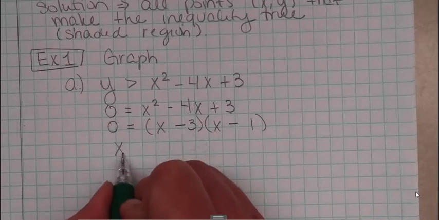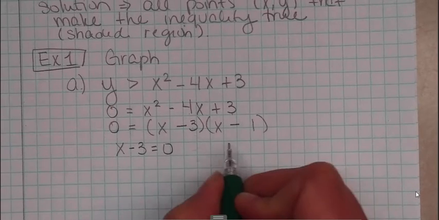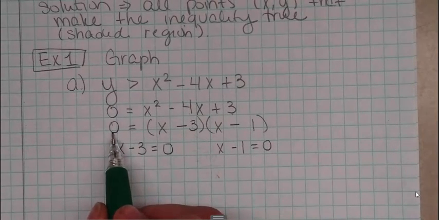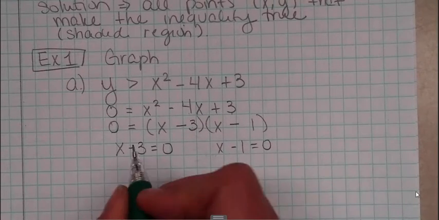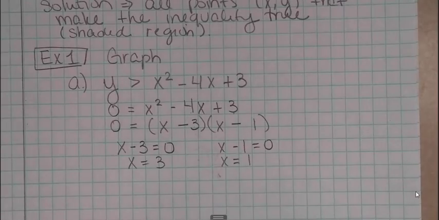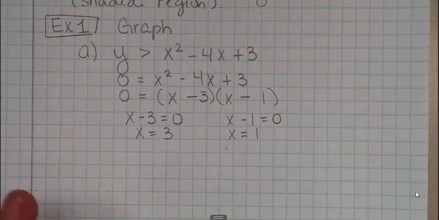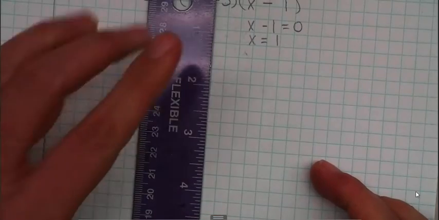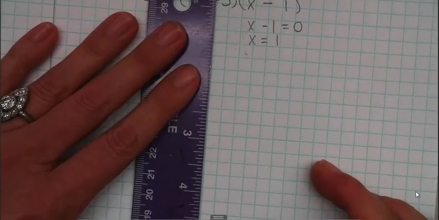So now I'm going to use the zero product property, where I set each factor equal to 0, because when y is 0, that means we're on the x-intercept. So these are going to be my two x-intercepts. To graph that, I'm going to first of all plot.